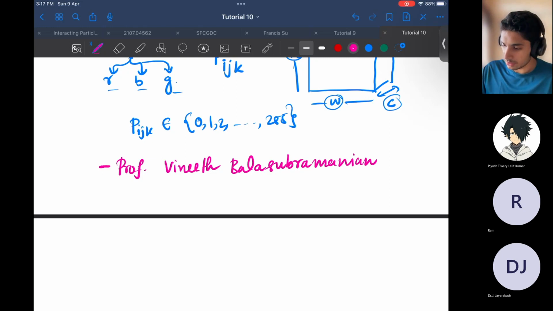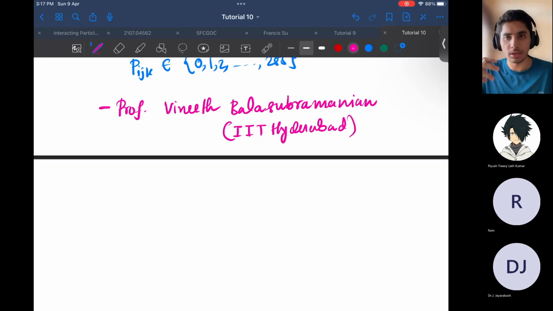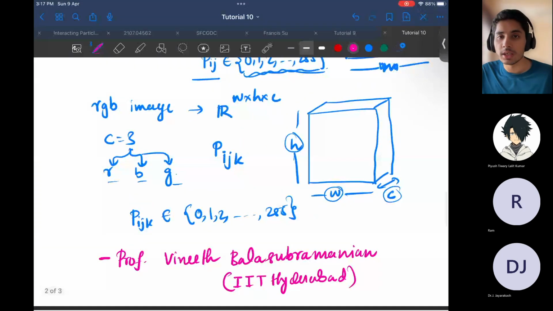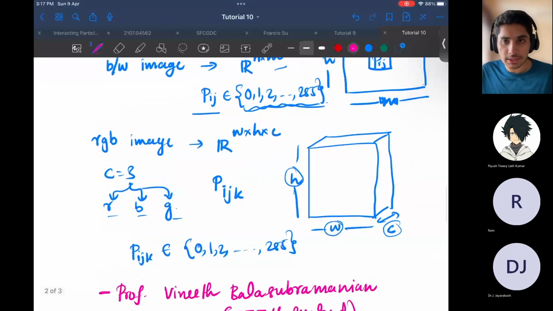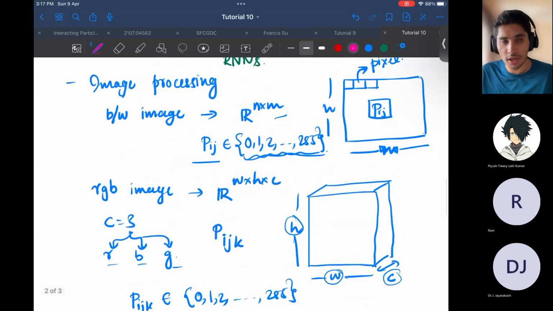I hope I have written his name correctly. He is a professor at IIT Hyderabad. He has a playlist on NPTEL or on YouTube titled Image Processing. In the initial lectures of that playlist, you can find the details of how an image is captured and what a pixel actually is.